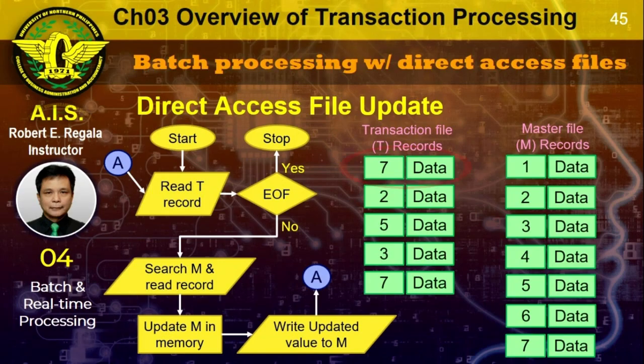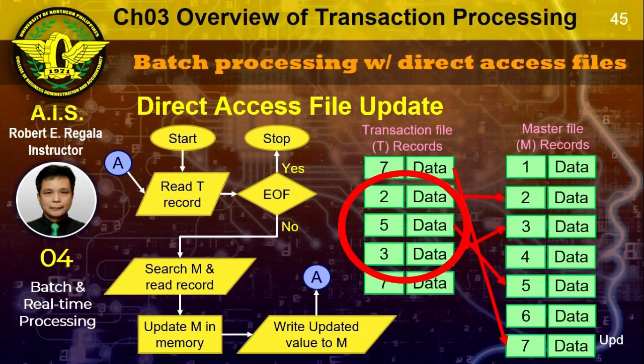First, transaction 7 is read into memory. The operating system then searches for and retrieves the corresponding record from the master file. The current record is updated in memory and immediately written back to its original location on the master file. Transaction records 2, 5, and 3 are all processed in the same manner.